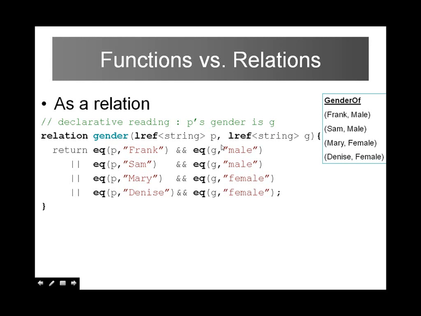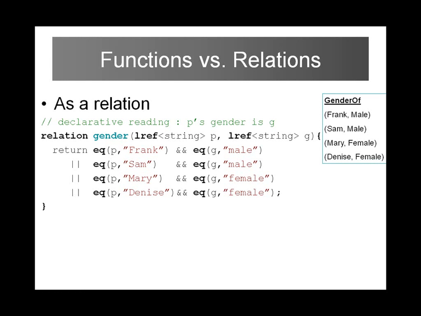Say P's gender is G if P is equal to Frank and G is equal to male, or P is equal to Sam and G is equal to male, and so forth. So what you can see here is we basically have one clause for each record in the set. So we are only describing the information. We are not specifying any algorithms here.